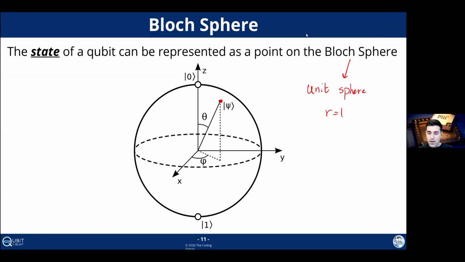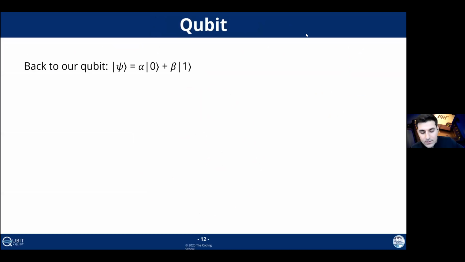Okay, so let's see why I'm making that claim. And let's start with, again, our definition of a qubit, which was alpha |0> plus beta |1>. Again, what we talked about is alpha and beta are complex numbers.